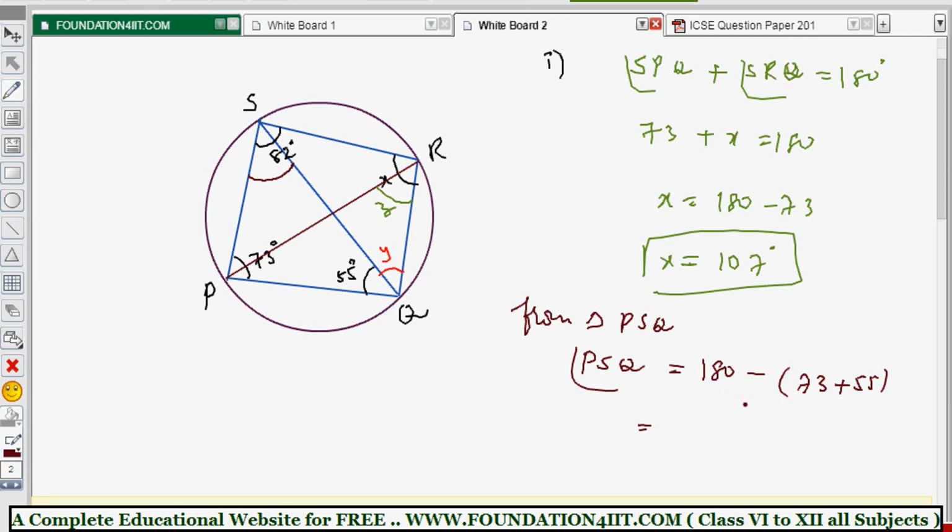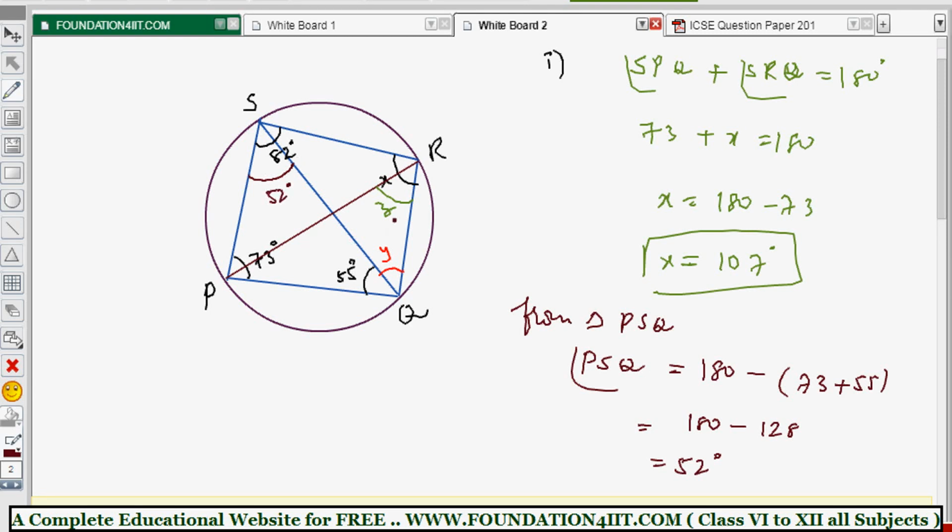So 180 minus 128, that is 52 degrees. Okay, this is 52.